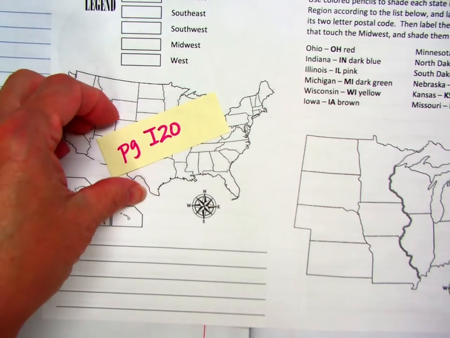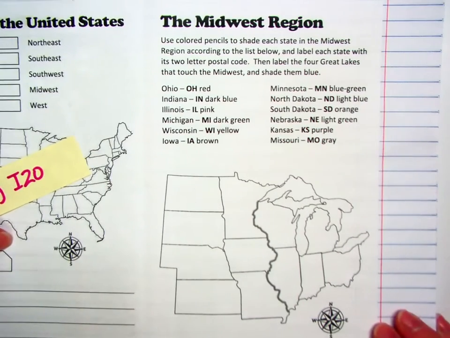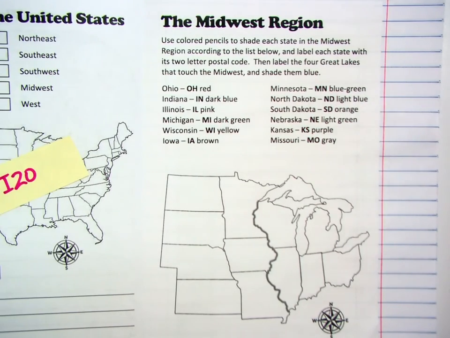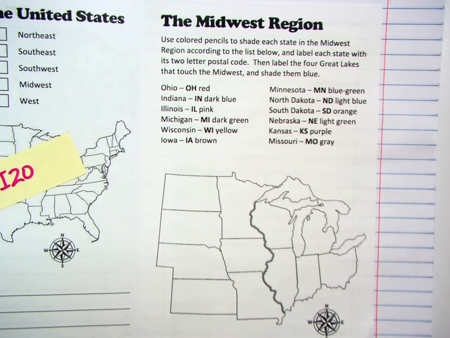The other page that you're going to be doing is this page on the Midwest region. It says, use colored pencils to shade each state in the Midwest region according to the list below, and label each state with its 2-letter postal code. That means, what are the 2 letters that you use in the address when you're mailing something to that state?